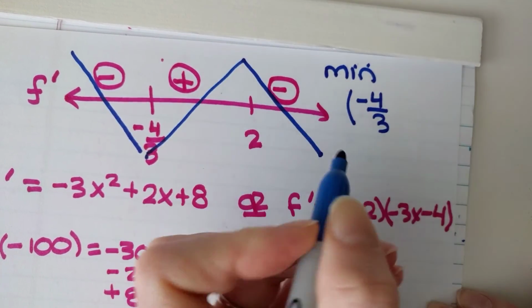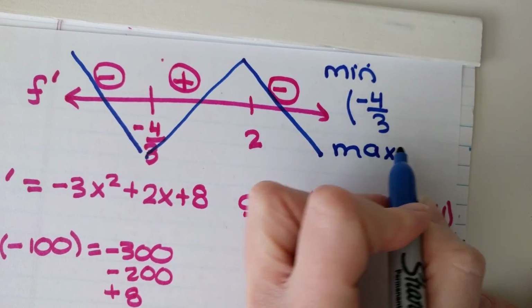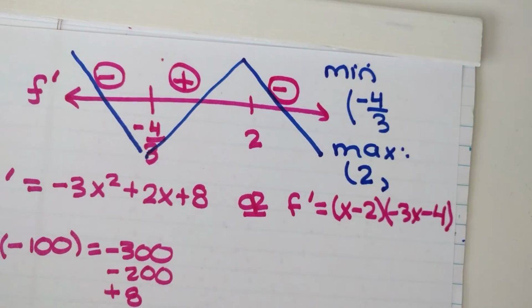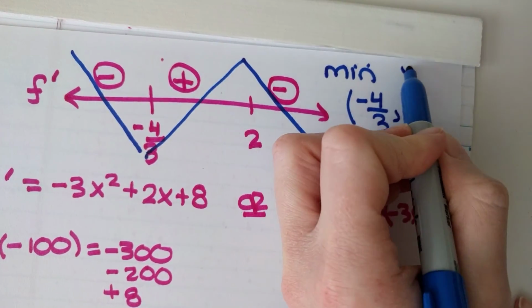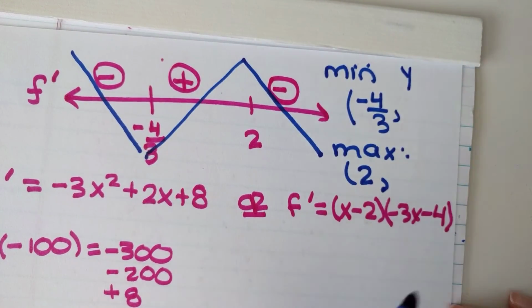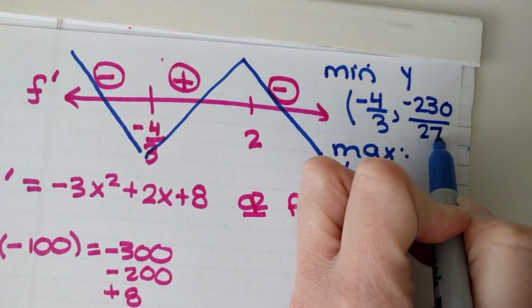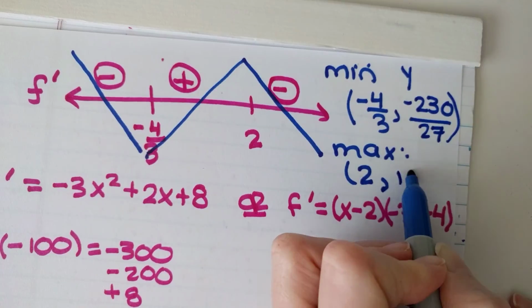And we have a max at x is equal to 2. Now, to find the y value, what we need to do is we need to plug it into the original function. So this y value is going to come from plugging into the original function, and we get negative 230 over 27. And then here we will get 10.